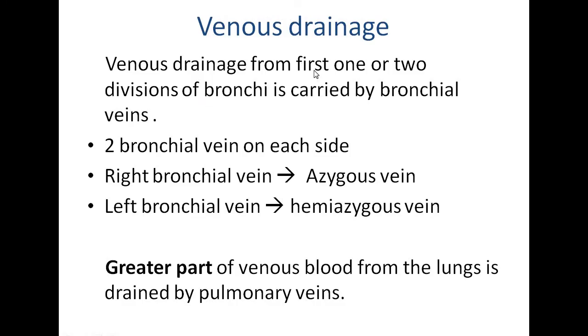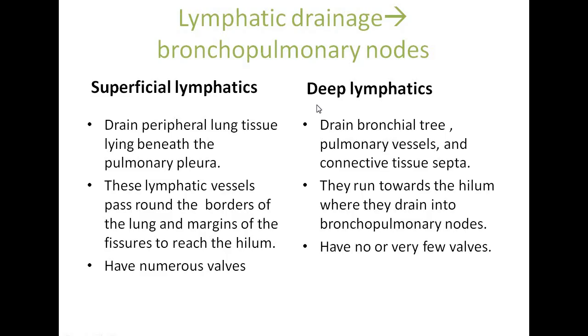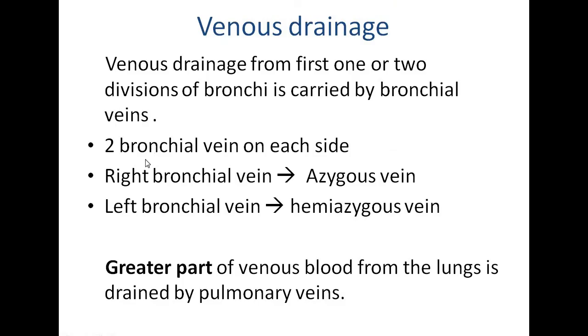Venous drainage from the first one or two divisions of bronchi is carried by the bronchial vein. There are two bronchial veins on each side. The right bronchial vein drains into the azygous vein, while the left bronchial vein drains into the hemiazygous vein. The greater part of venous blood from the lung is drained by pulmonary veins.